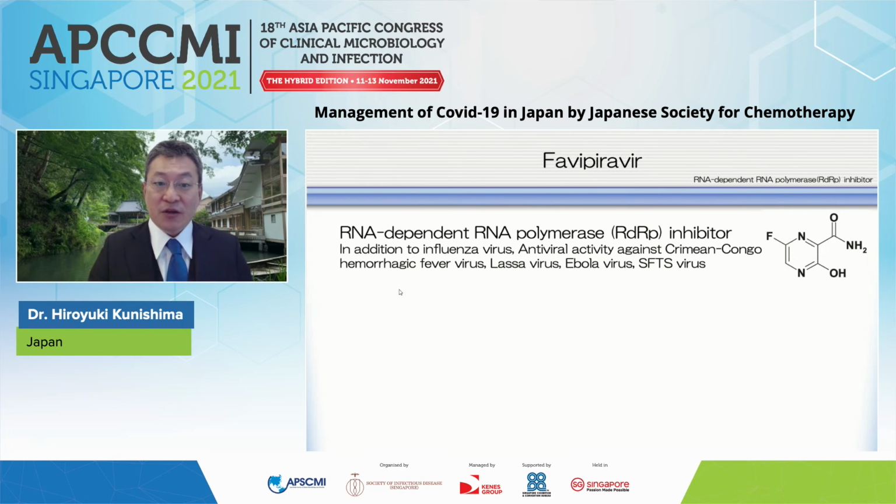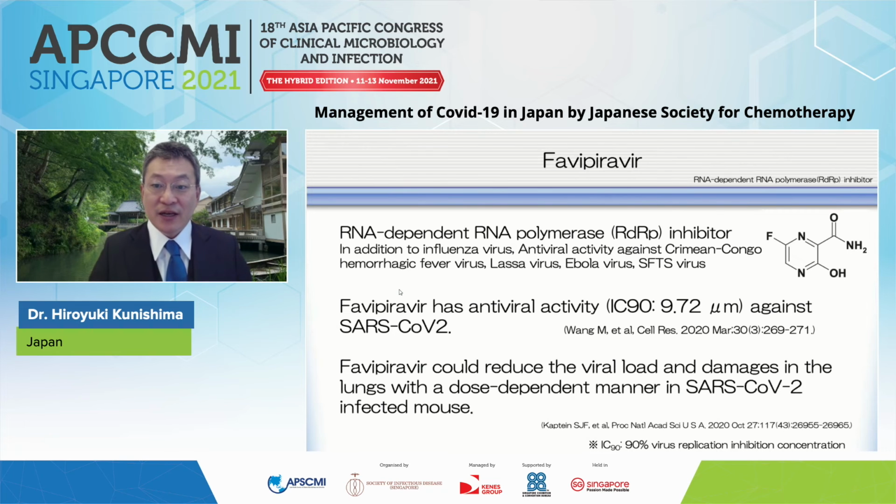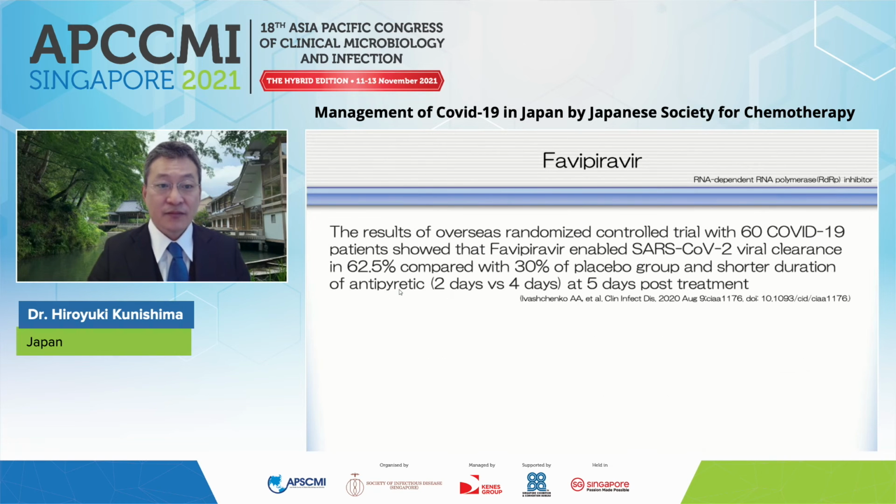Favipiravir is an RNA polymerase inhibitor originally developed in Japan as a drug for influenza. It was previously reported that favipiravir has antiviral activity against SARS coronavirus 2, both in vitro and in vivo. In a report from Russia, the result of a placebo-controlled RCT shows a significant effect on the clearance of virus and a shorter duration of normalization of temperature.